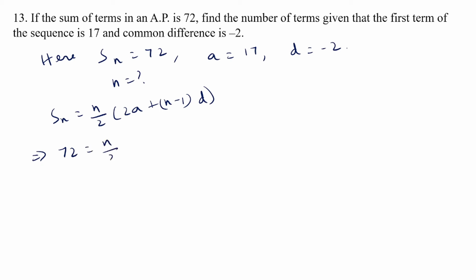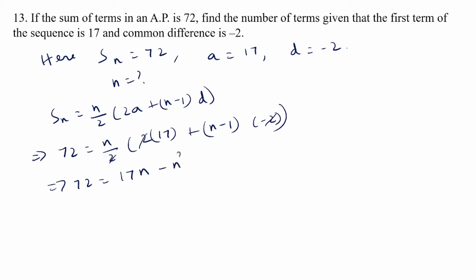So 72 is equal to n by 2 into (2 into 17 plus (n minus 1) into -2). So here we have 72 is equal to, here 2 is common, we can cancel out, 17n minus n square plus n, or we have n square minus 18n plus 72 is equal to 0.